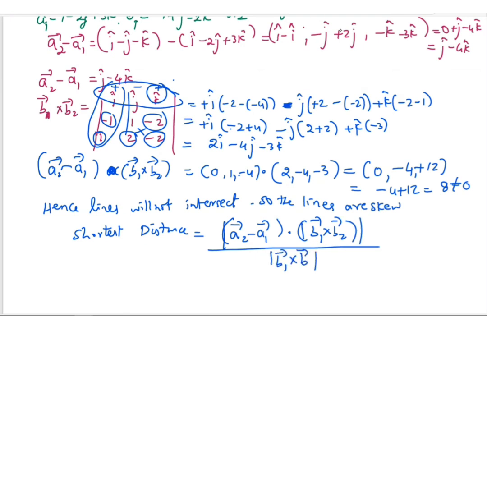The numerator is 8. For the denominator, the value of b1 cross b2 is 2, minus 4, minus 3. Just square them: 2 twos are 4, plus 4 fours are 16, plus 3 threes are 9. So you get 8 divided by root of 29. So this is the shortest distance for the given skew lines.